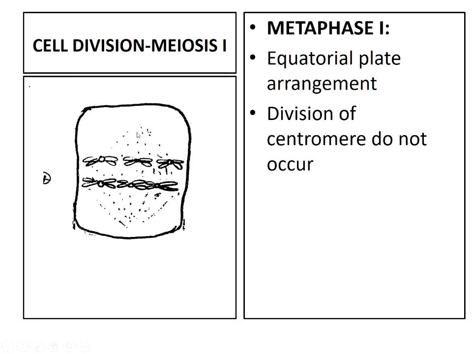The characteristic feature of metaphasic chromosomes is that the division of the centromere does not occur. So here the centromere does not divide.